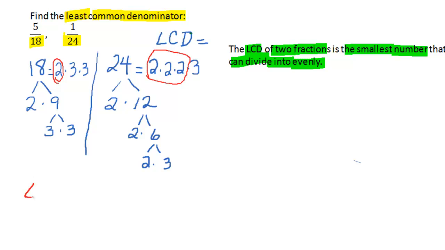So the LCD of 18 and 24 will need to have three 2's, because if it didn't have three 2's, 24 would not be able to divide into it. Similarly, 18 has two 3's. 24 only has one 3 as a factor. We're going to need to take the highest, which is the two 3's.